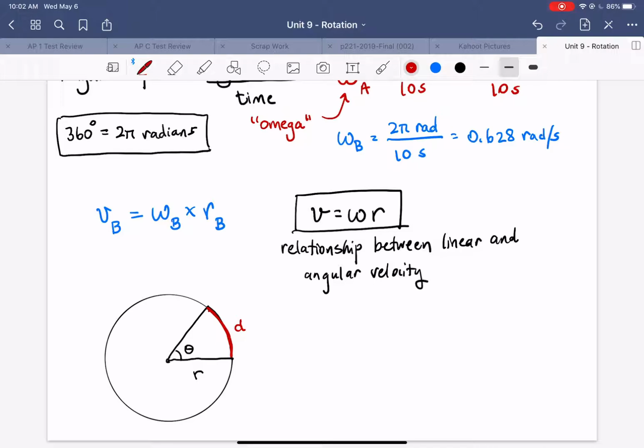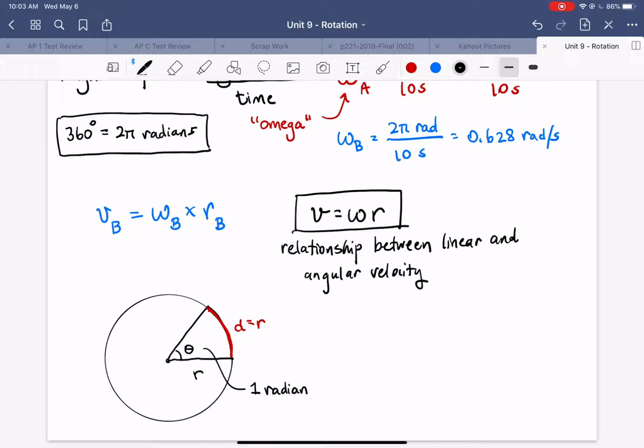And let's say I happen to have this so that the length here is exactly equal to the radius. So that will happen for a particular angle, and we call that angle a radian. So this angle here would be 1 radian if d is the same as the radius of the circle.